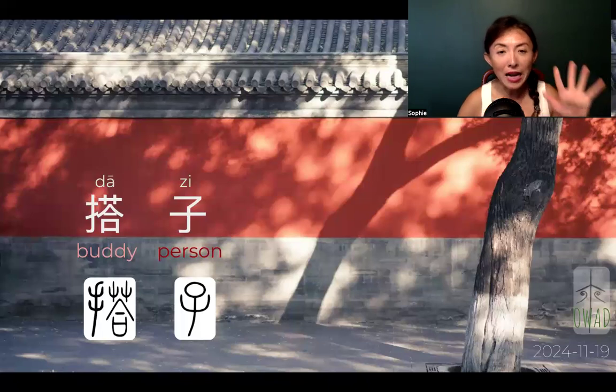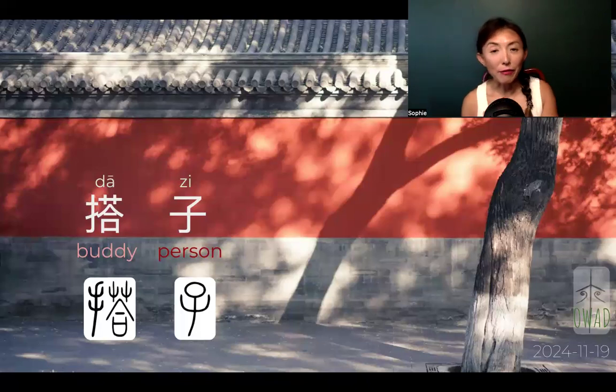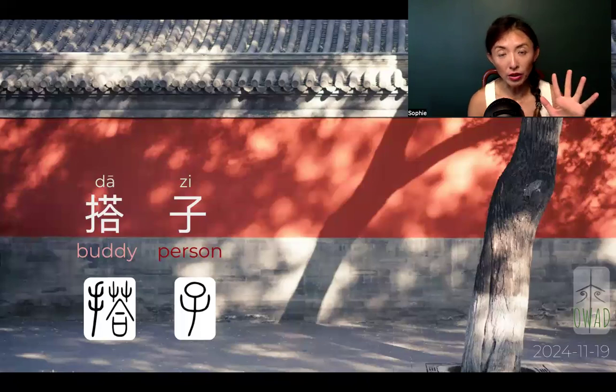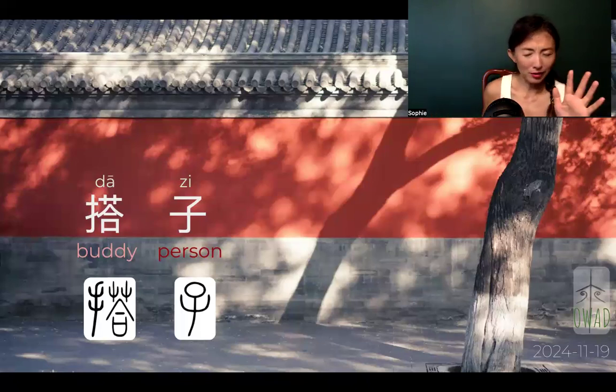Now, red beans paired with the five-finger hand symbol somehow became what I translate as a buddy. Buddy is really an extended meaning from its original meaning. The original meaning is this hand motion made of red beans, a red bean hand motion.